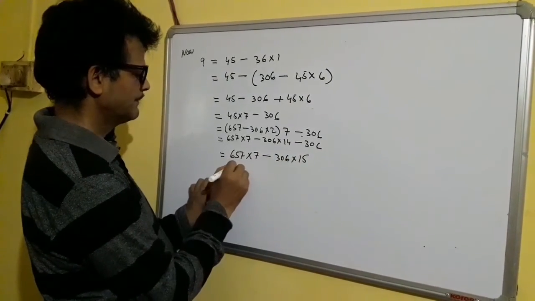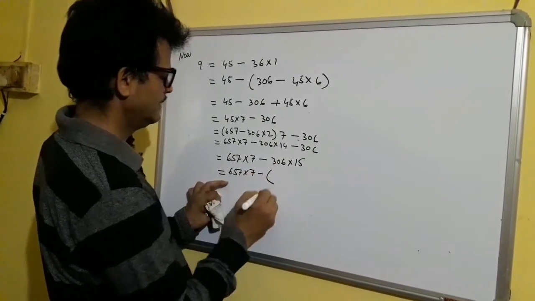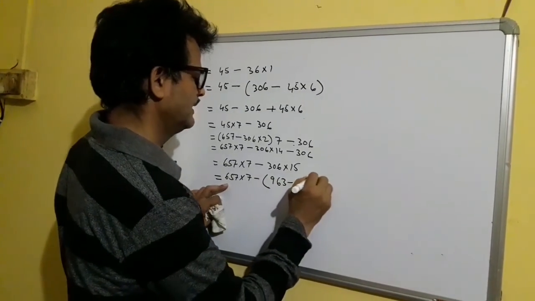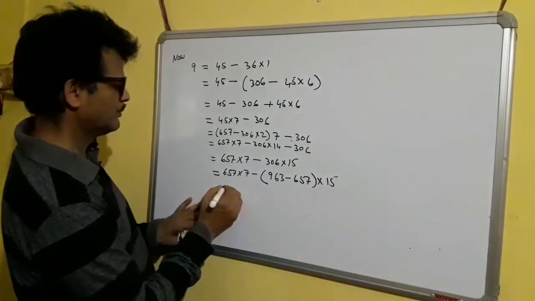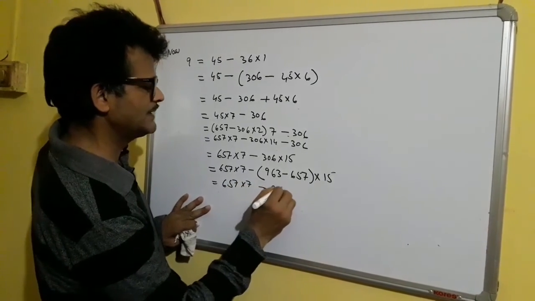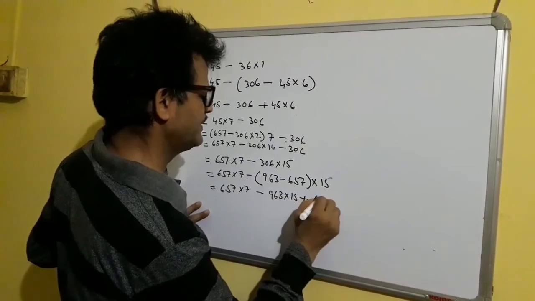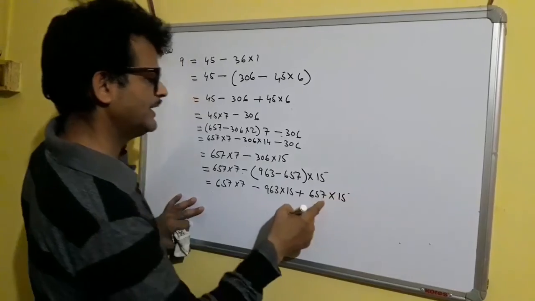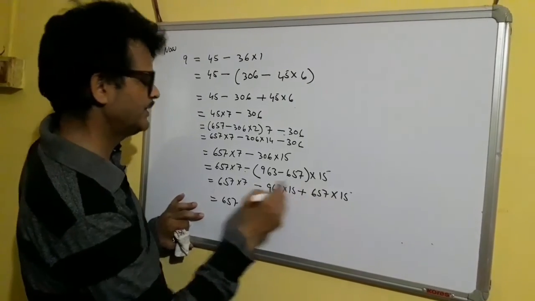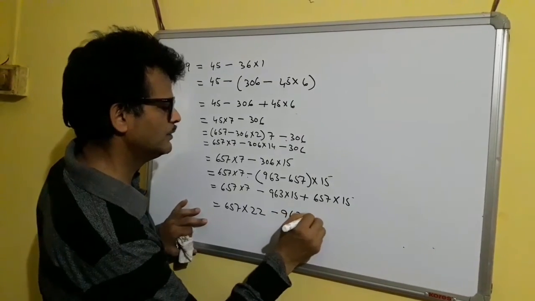Now in place of this 306, we write 963 minus 657 into 15. So from this we get 657 into 7 minus 963 into 15 plus 657 into 15. Now we take these together: 657 into 7 plus 15, so we get 22, minus 963 into 15.